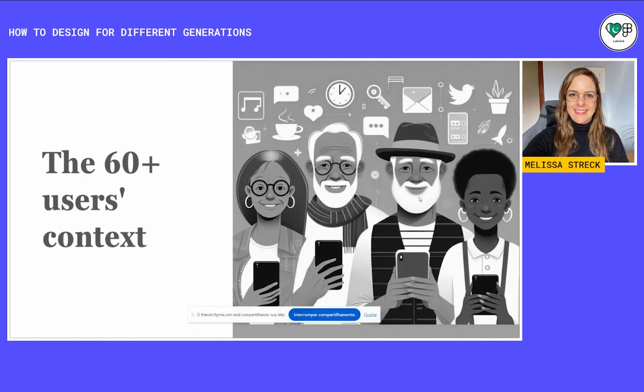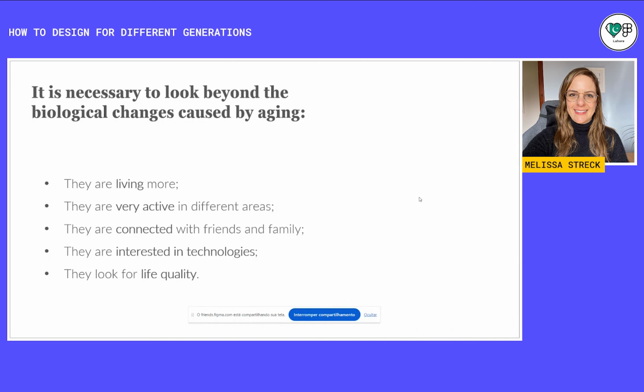So some considerations about the 60 plus users, to talk a little about their context. When you look at those users, it's necessary to look beyond the biological change caused by aging, right? They are living longer. This is a reality worldwide.